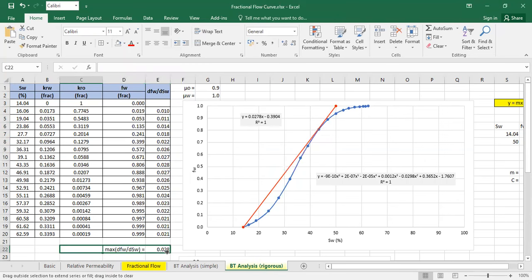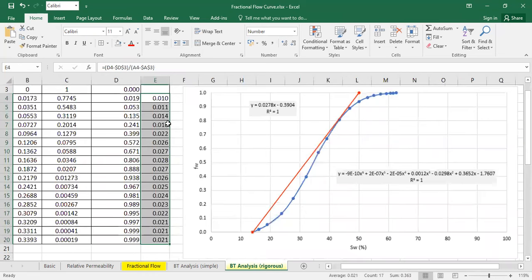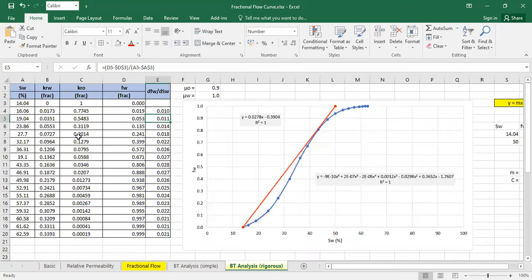So make sure here you make this a constant, and also this initial water saturation, because we construct the tangent line, a straight line, starting from that initial point.